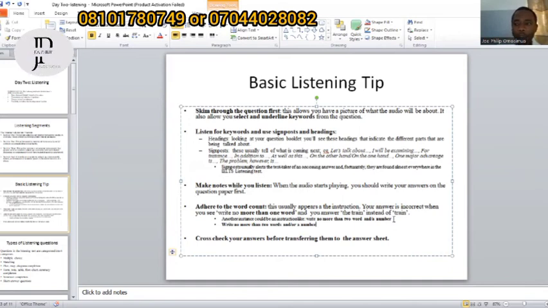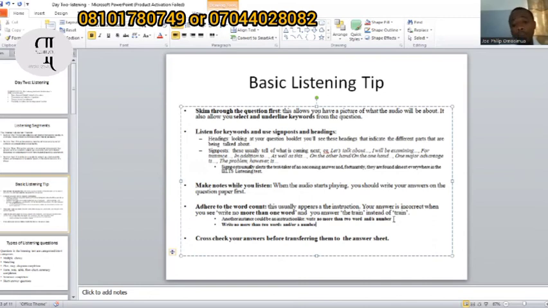Check for grammatical correctness, as I mentioned earlier, before transferring them to the answer sheet, which is the final document that the examiners pay attention to.